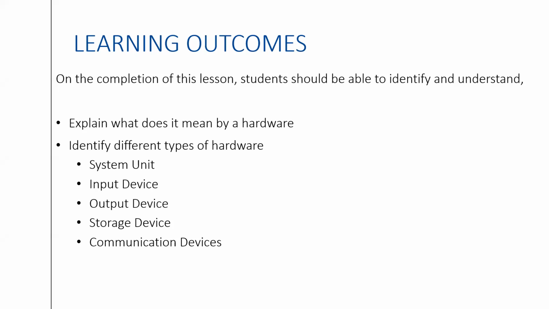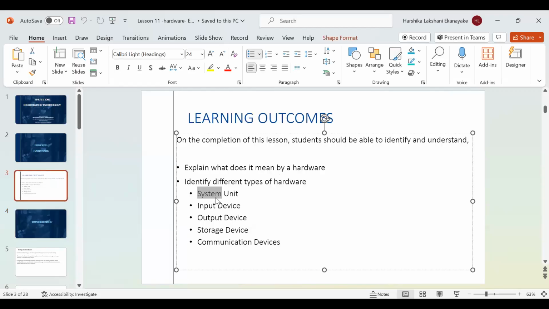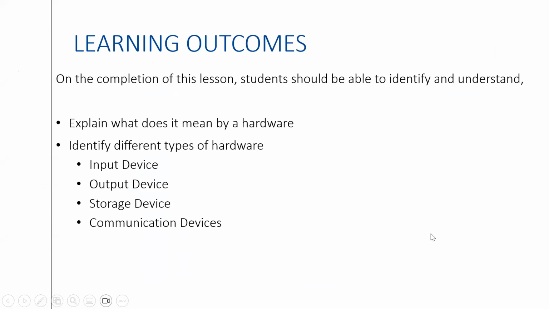Then identify different types of hardware. We can see a lot of types of hardware. Rather than mentioning this as the system unit here, I will remove this one, and you can identify these as different types of hardware at a very high level.